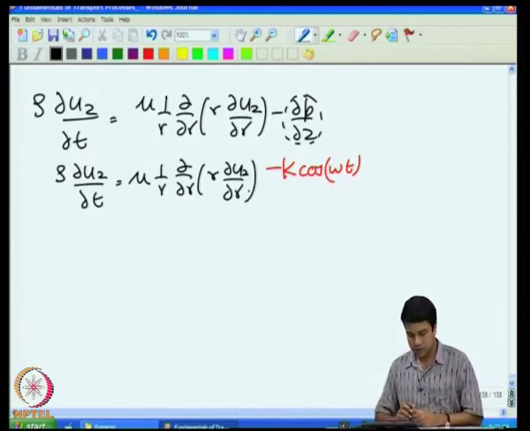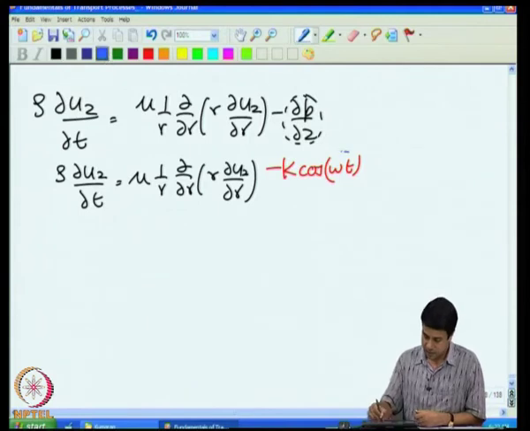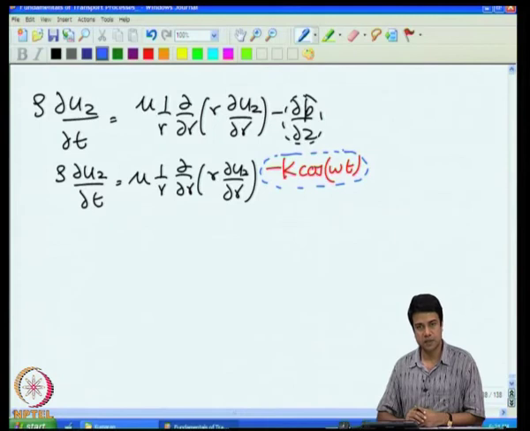This is a linear differential equation for uz, which is being driven by this inhomogeneous term. And I have to find the solutions for this equation. This is oscillatory in time.